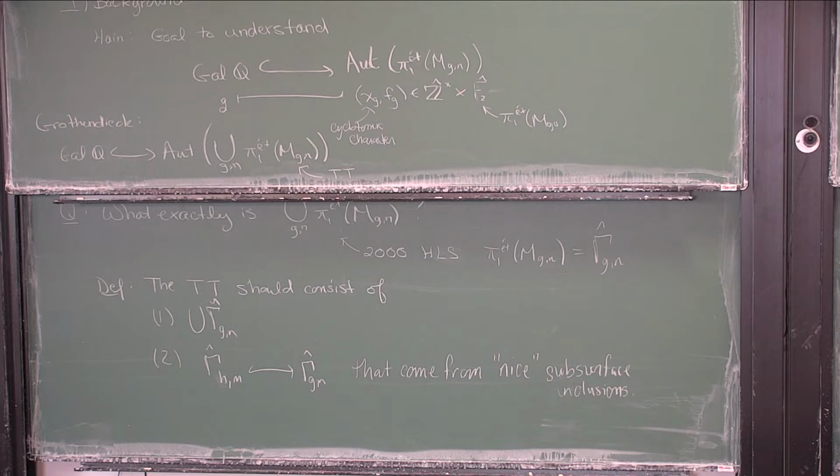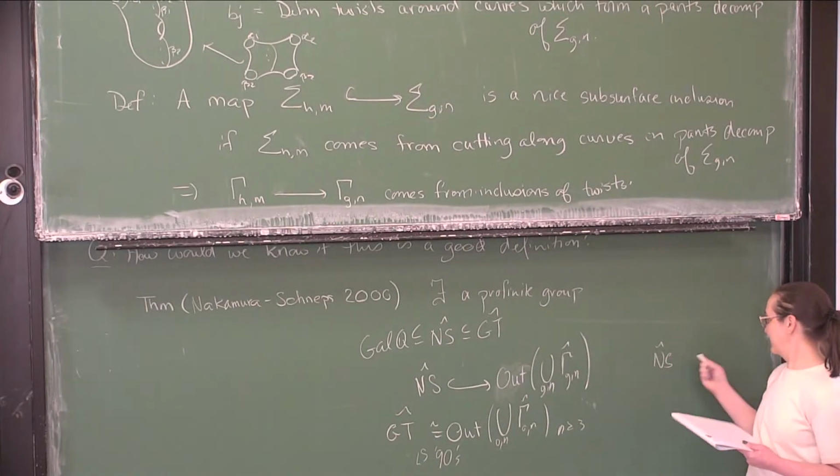Okay. So this NS is not the group of isomorphisms that are compatible with these? No. Well, it's the automorphism group of the tower. All right. So this is your inclusion. It's actually an isomorphism.